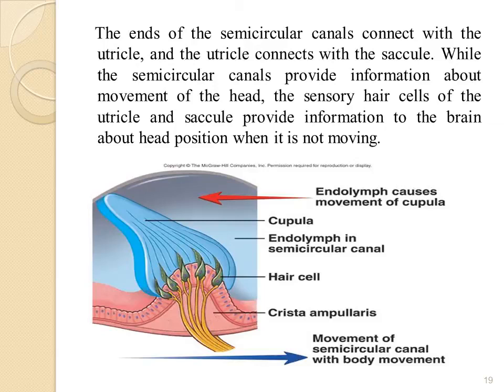While the semicircular canals provide information about movement of the head, the sensory hair cells of the utricle and saccule provide information to the brain about head position when it is not moving. The vestibular system consists of the semicircular canals, which connect to the utricle and saccule.